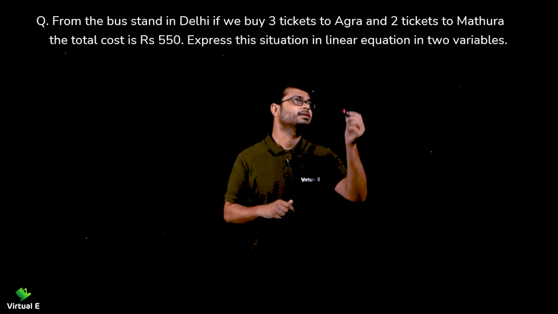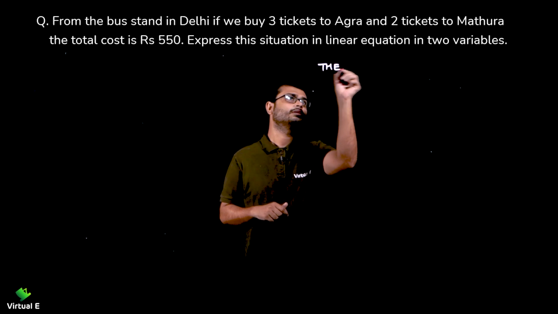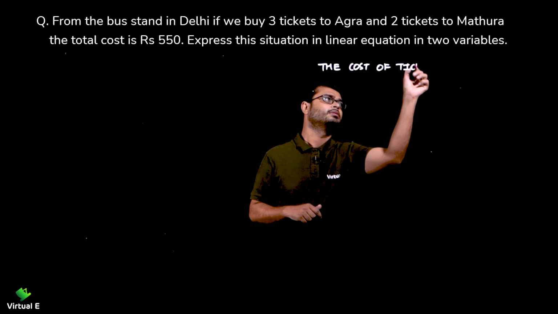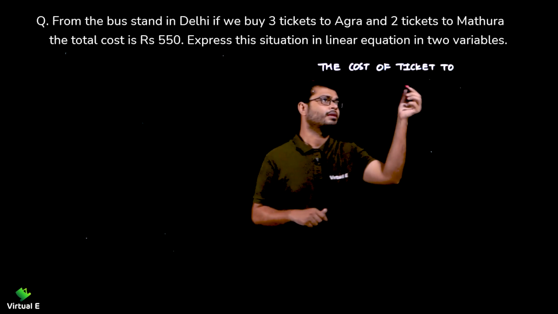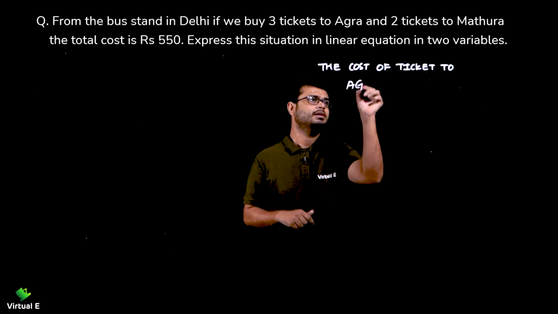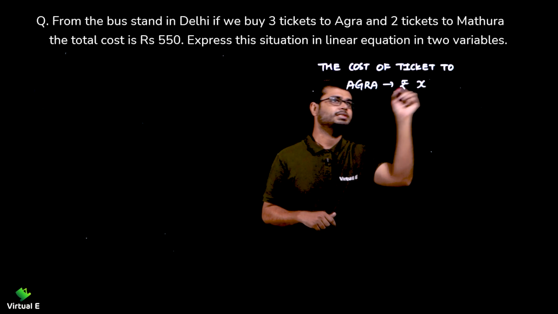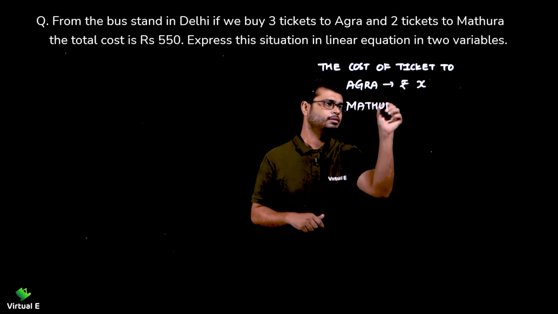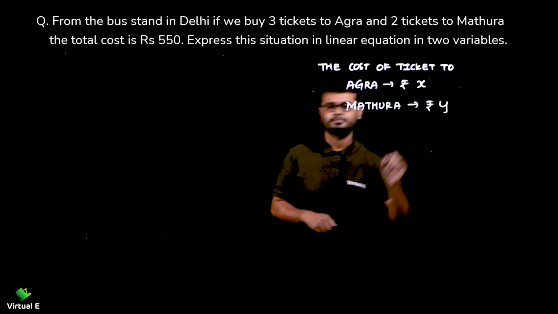So let's start with the cost of a ticket to, first of all let's say Agra, rupees x, and to Mathura is rupees y.